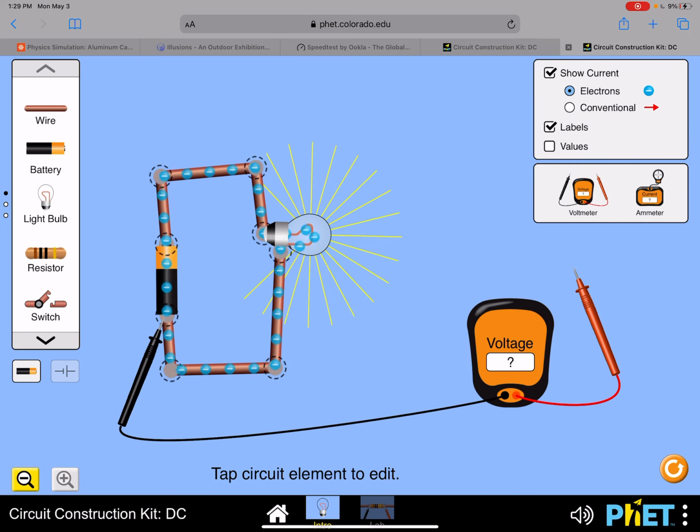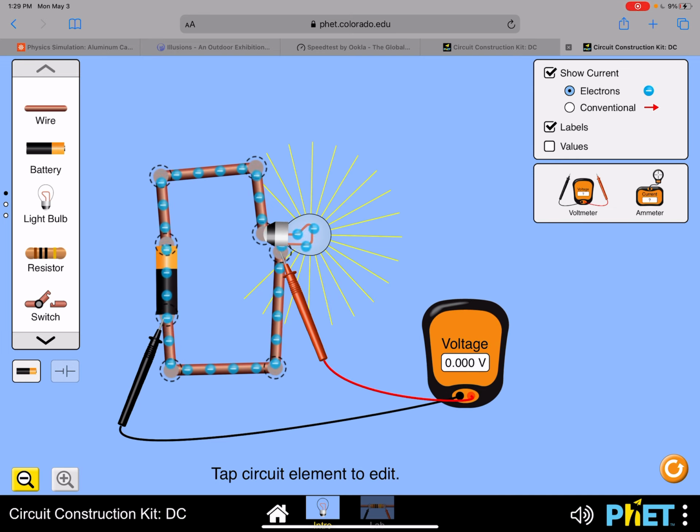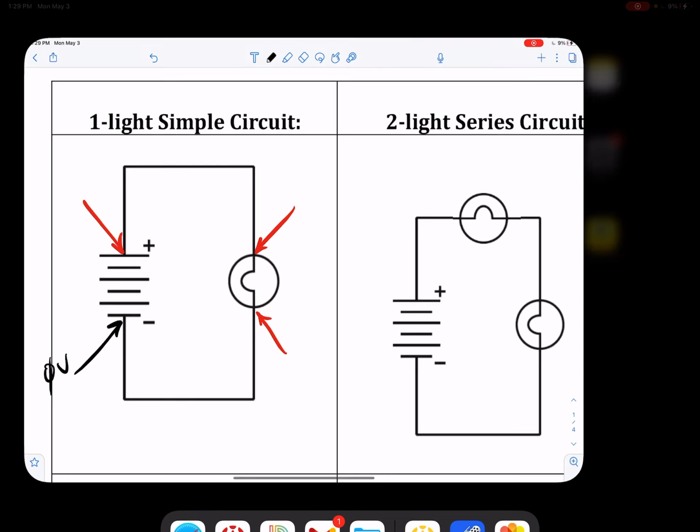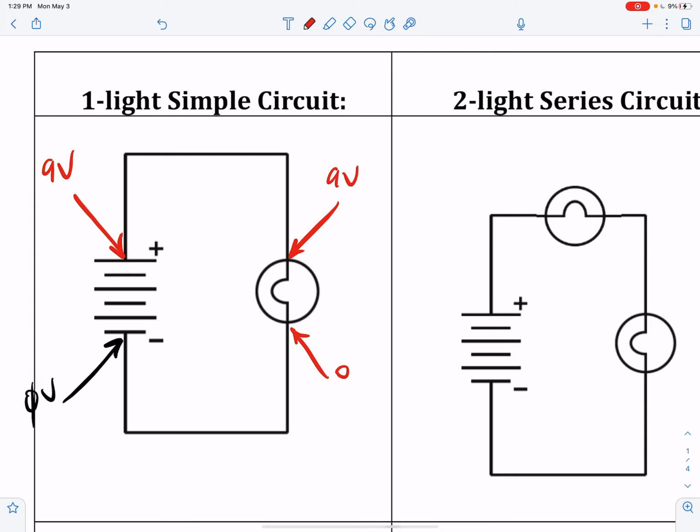We're going to call this 0 here, and if I touch it to the positive end of the battery, I get 9 volts, and then at this end of the light, I get 9, and at this end of the light, you'll notice it changes to 0. So let's write that down. I got 9 volts, 9 volts, 0 volts.